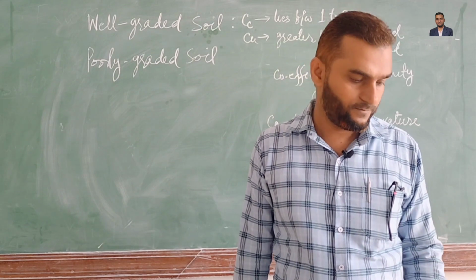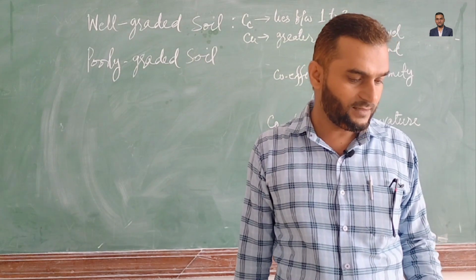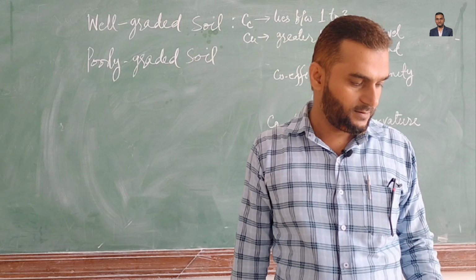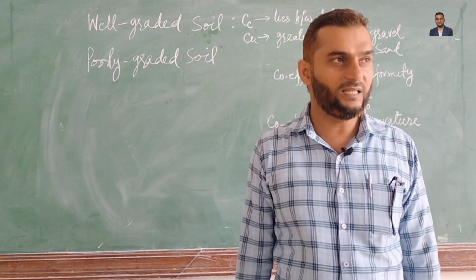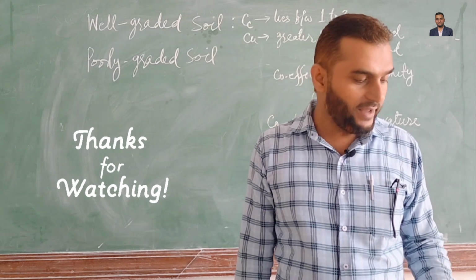Poorly graded soil is also called uniformly graded. A gap graded soil is the one in which some of the particle size are missing.